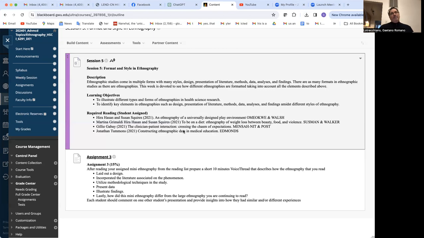Now, if you think about picking up a research article, in many instances, no matter if it's quantitative, qualitative, or even mixed methods, it has a structure that most research papers are going to follow. That is not always the case when it comes to an ethnographic report.